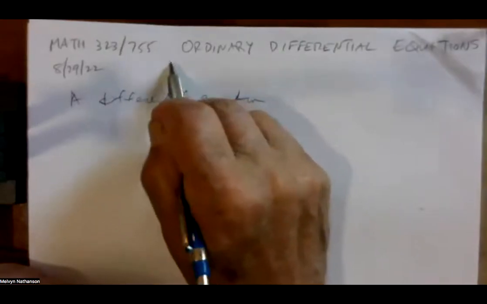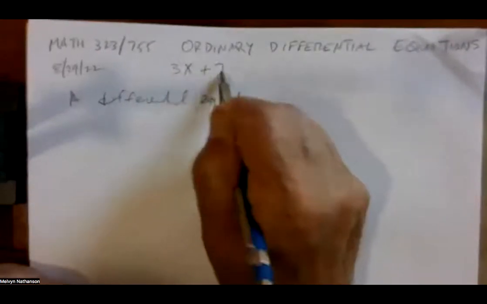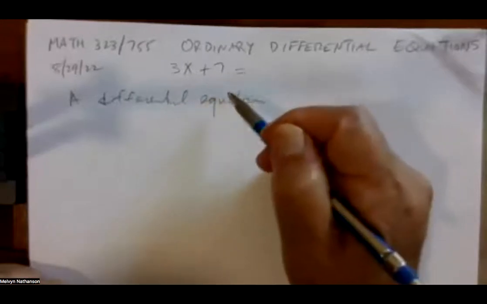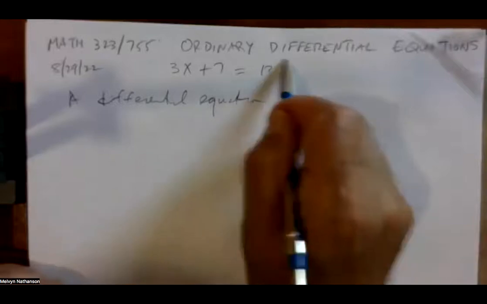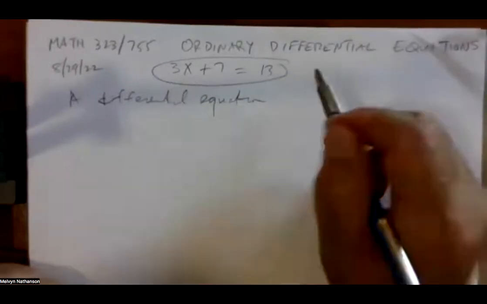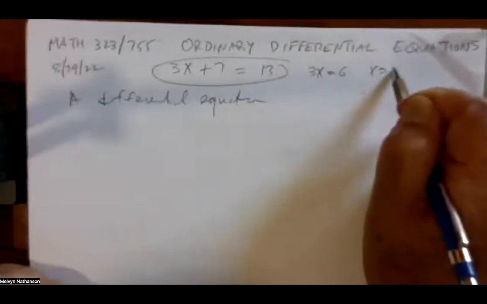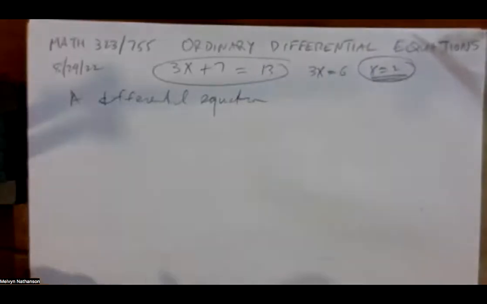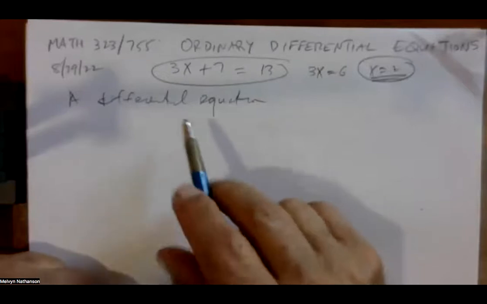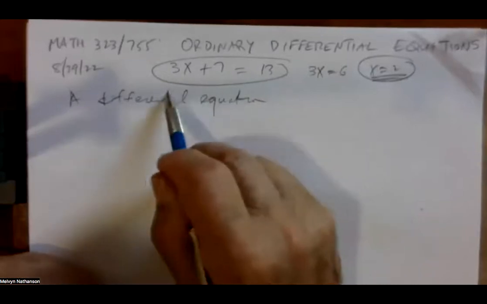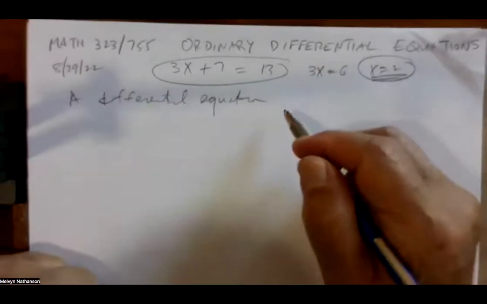You might have to solve something like 3x + 7 = 13. And you have to find x. And you say, well, 3x = 6, x = 2. So the answer is the number 2. So an equation is something where you have to find something.